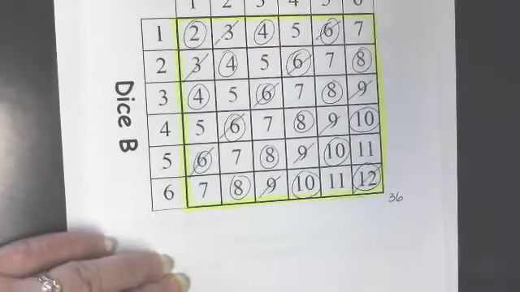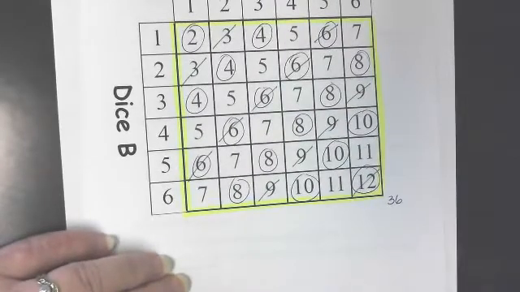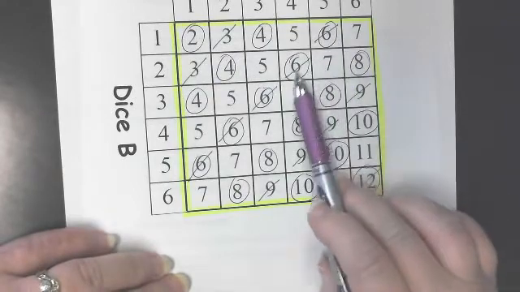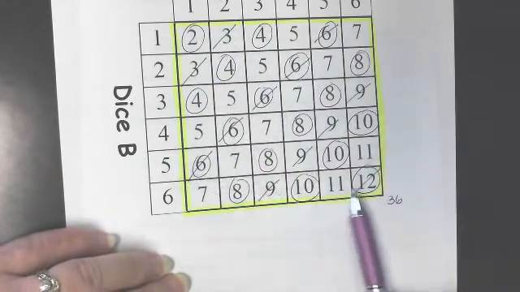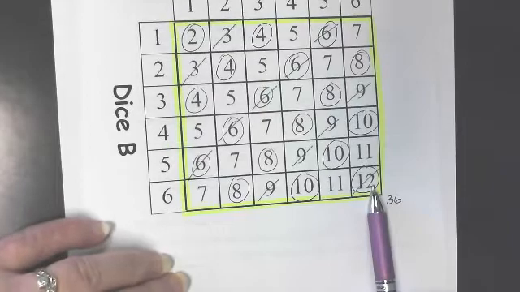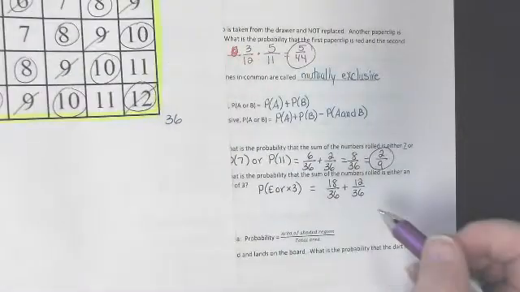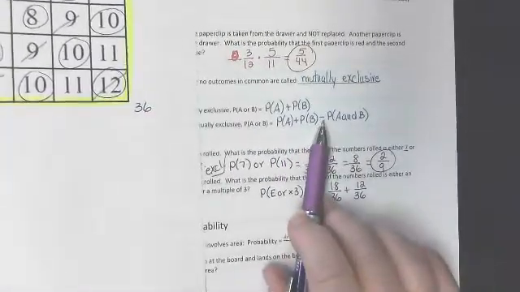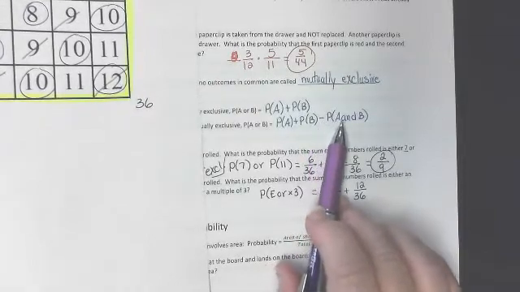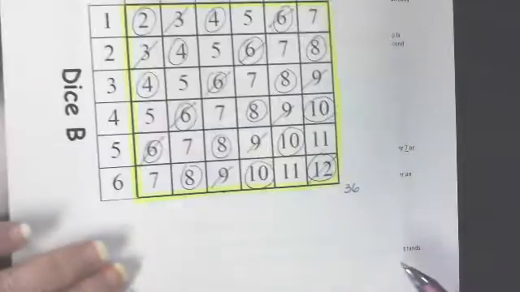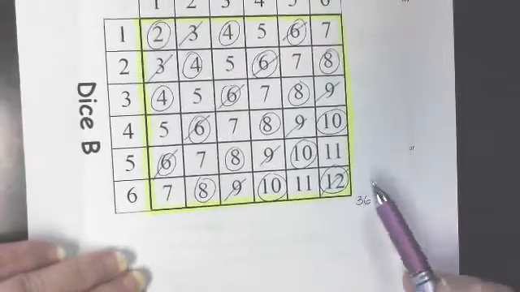However, did you notice that some of those numbers just got counted twice? All of these 6s got counted twice, and the 12 got counted twice. So what I'm going to do in my formula, remember how it said minus the probability that it does both? Well, I'm going to subtract the ones that got counted twice.